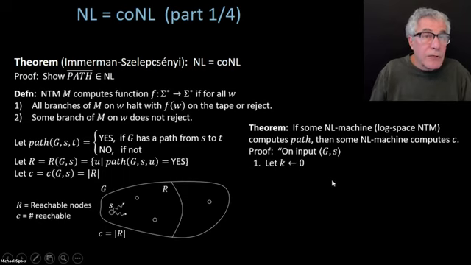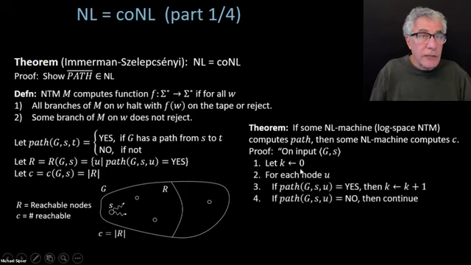So start with a counter that's set to 0 initially, and go through each of the nodes of G one by one. I use my NL machine that computes path. That's what I mean by this part. If the NL machine says yes, there is a path, then I increase the counter. And if it says there's no path, then I just continue without increasing the counter.